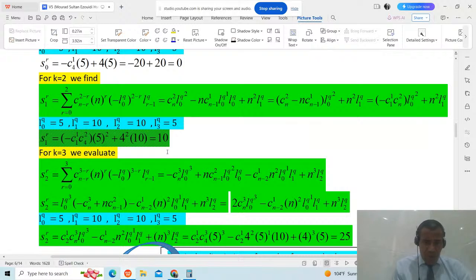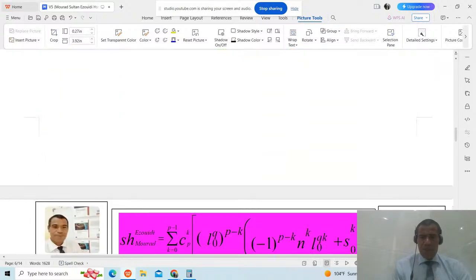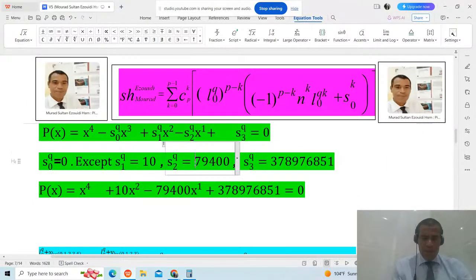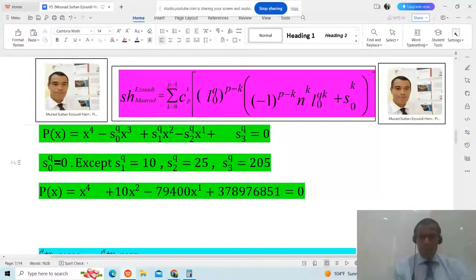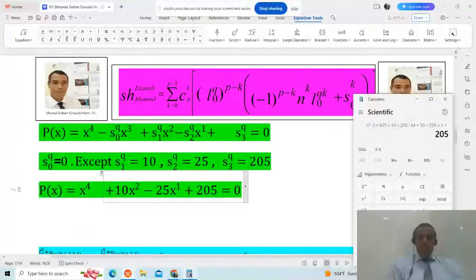Okay, so S1 is 25 and S2 is 205. Okay, therefore, this is the polynomial. It's clear now. 205 divided by 15 is 13.6.